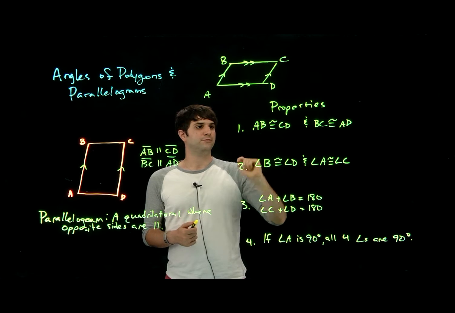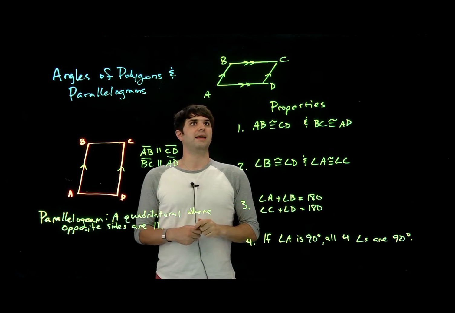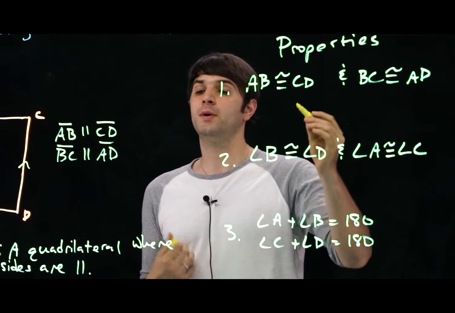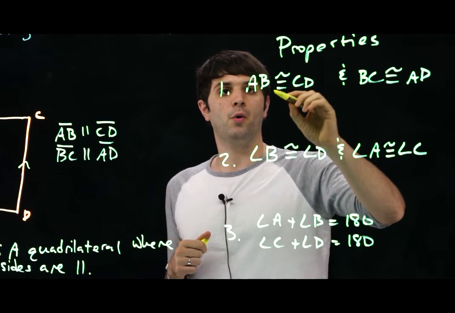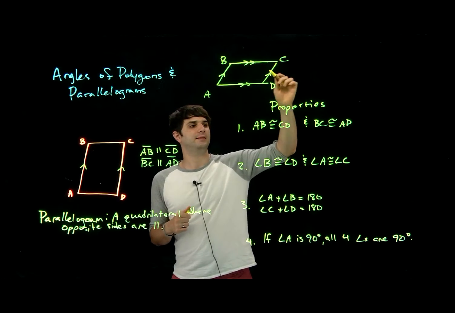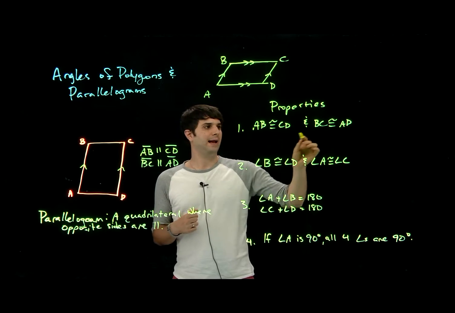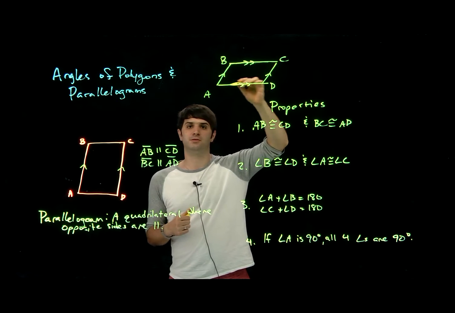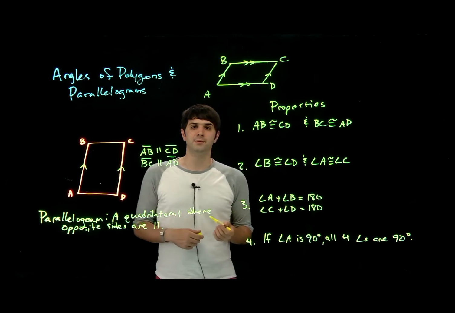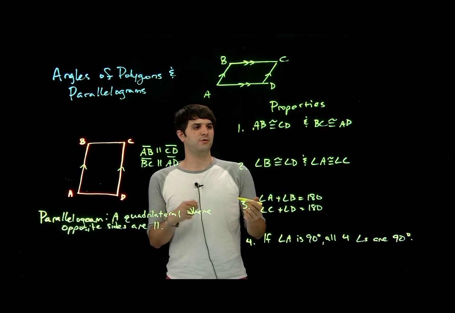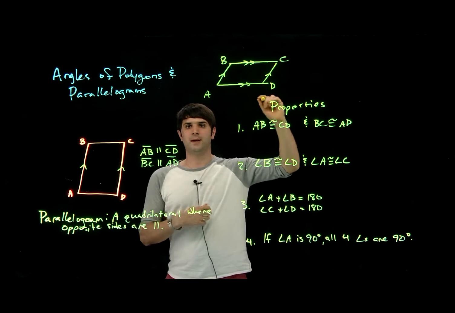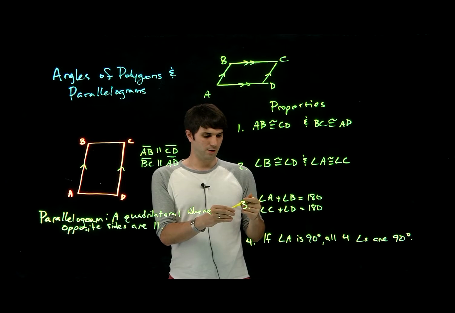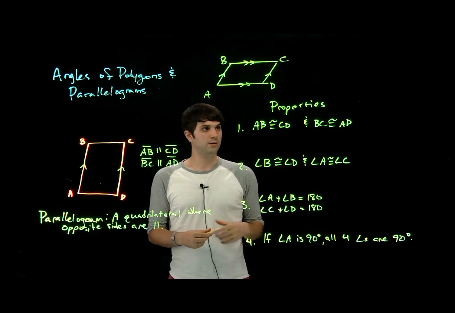Number one, if you have a parallelogram, then the opposite sides are congruent. So, for example, AB is congruent to CD, and BC is congruent to AD. And the reason is because if you think about this parallelogram, I'm not going to mark it up because I want to use it for the other properties here.